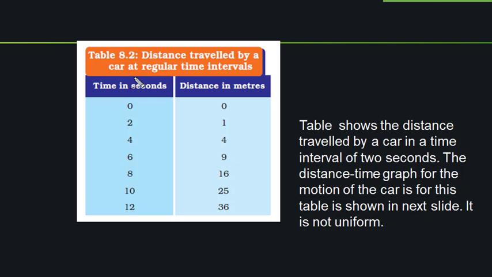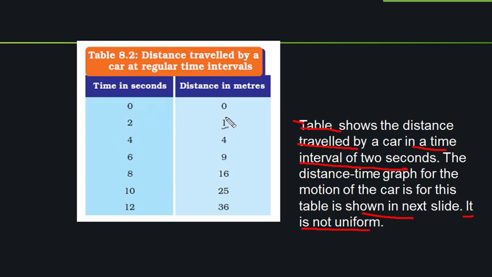The table shows the distance traveled by a car in time intervals of 2 seconds. The distance-time graph for the motion of the car for this table is shown in the next slide. It is not uniform.